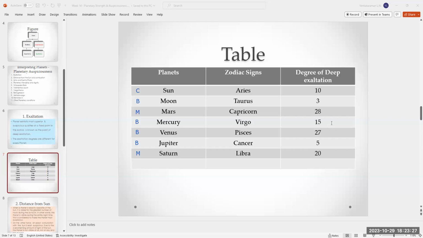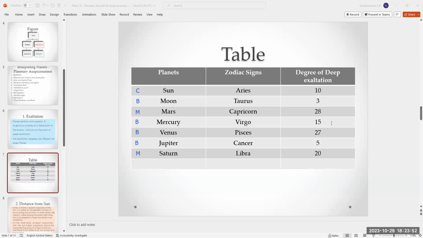3.20 is the degree. Okay. Almost cusp, you mean borderline. Degree, you said, is 3.20. Yes.